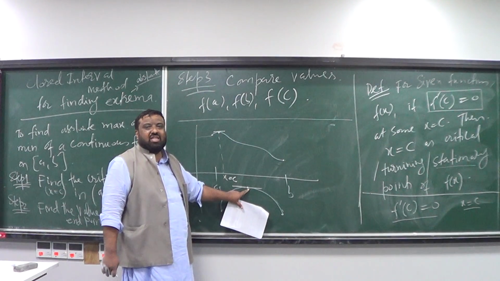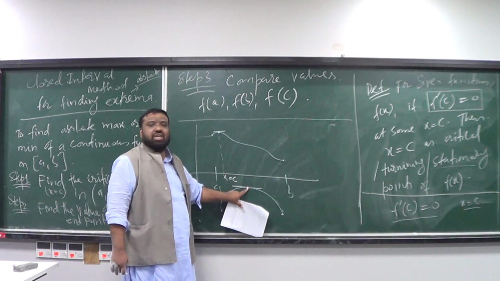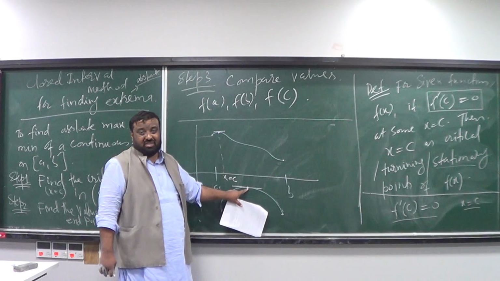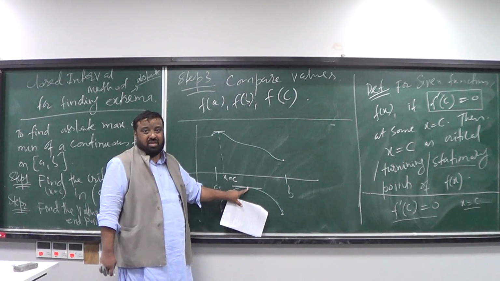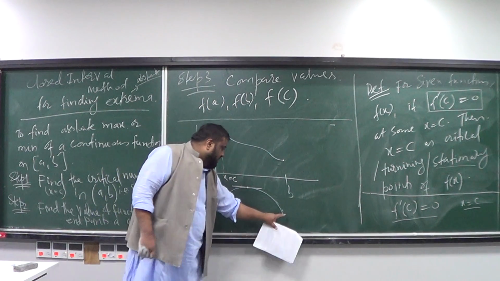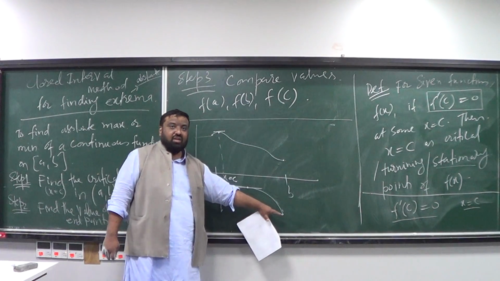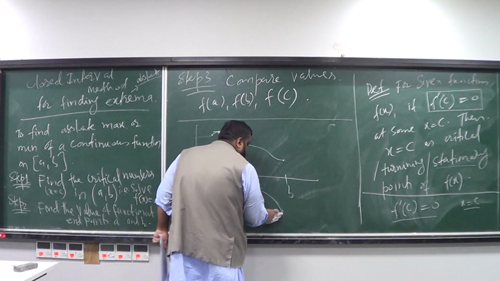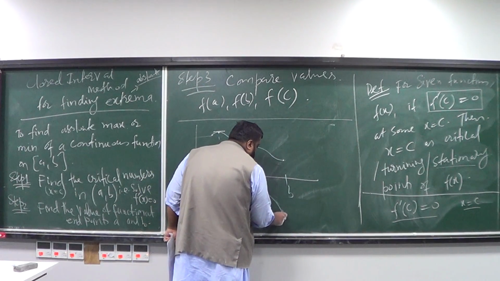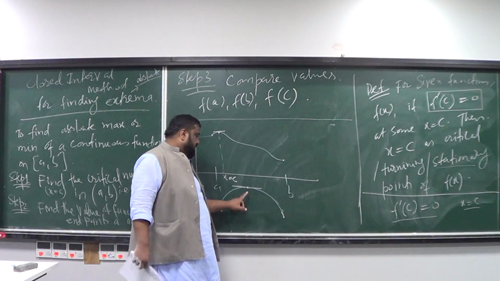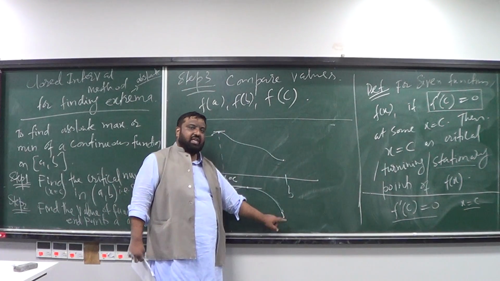So when you compare these 3 values, you're going to say this is the maximum, actually absolute maximum. Okay, absolute maximum. And whatever is the smallest of the both could be equal as well. Okay, so imagine this one is even smaller, then this is absolute minimum, absolute maximum and absolute minimum at endpoint.